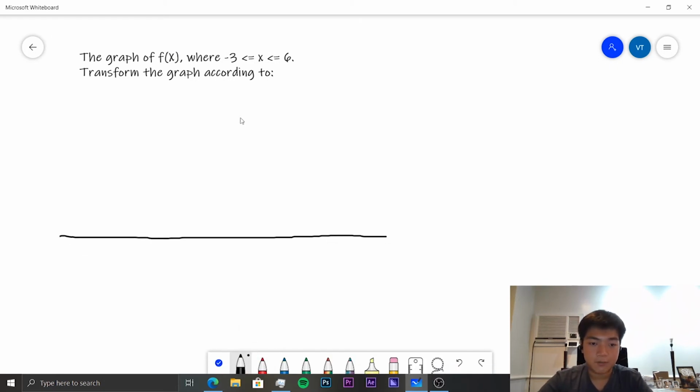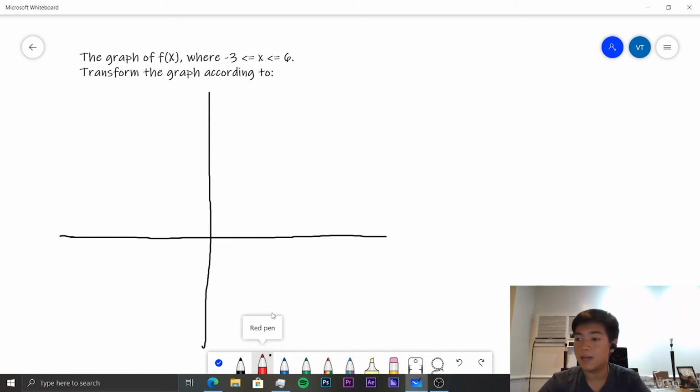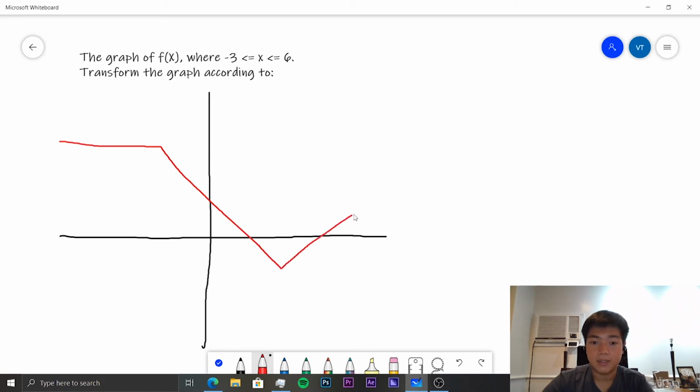What does this initial function look like? It's not mentioned in the question because it's shown on the graph, so let me show you what the function looks like. It looks something like this.